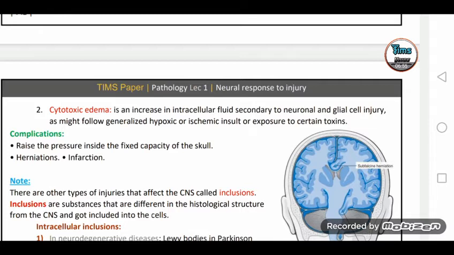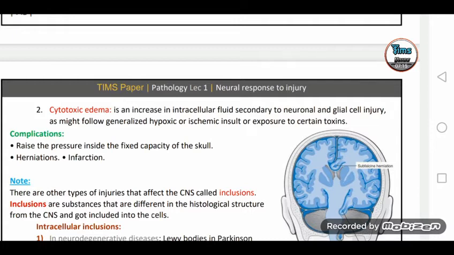So it kills itself in a process we call apoptosis. Okay, so cytotoxic edema is a part of the apoptosis of the neuron or the glial cells after any injury. So cytotoxic edema is increased fluid inside the neuron itself.